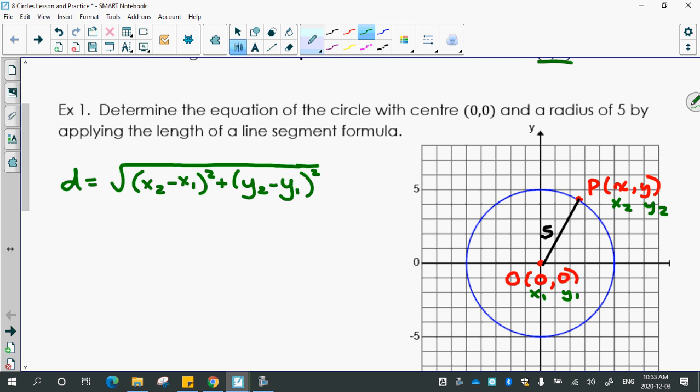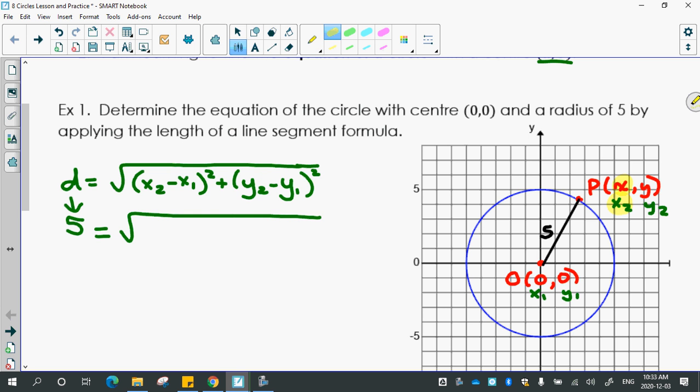Because we know this distance is 5, we can replace d with 5, because we know the distance between the point 0, 0 and the point on the outer edge of the circle is 5, because it's the radius. And now if we substitute in, x2 is just x.